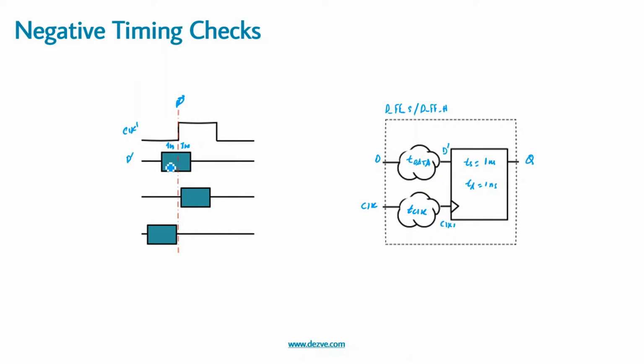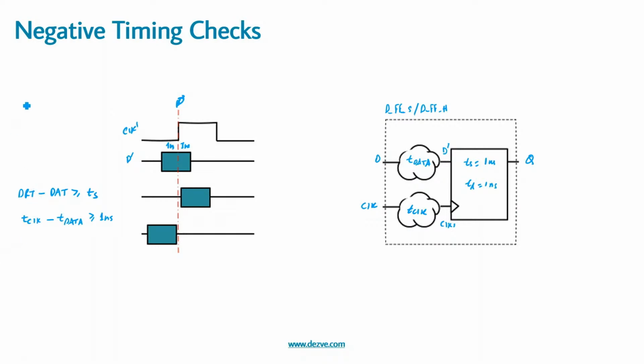So now we know from the previous slide that for the setup requirement, data required time minus data arrival time should be greater than or equal to TS, correct? For this particular example, it is T clock minus T data should be greater than or equal to 1 ns.